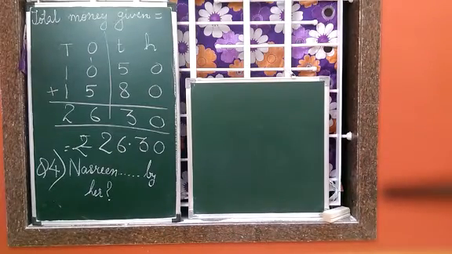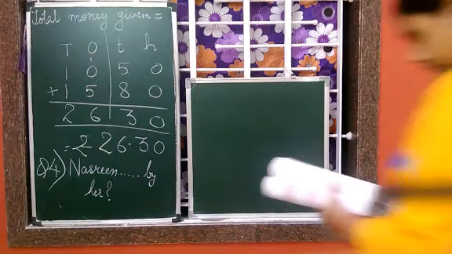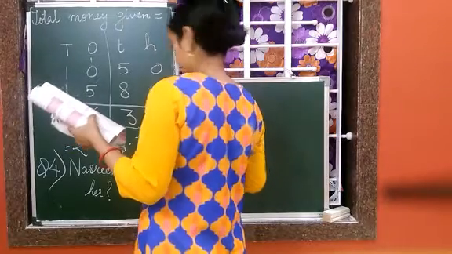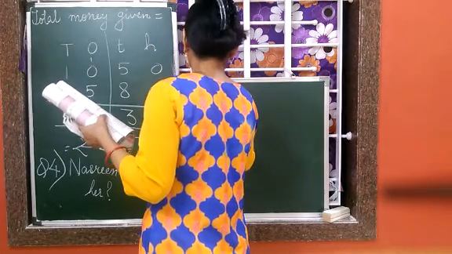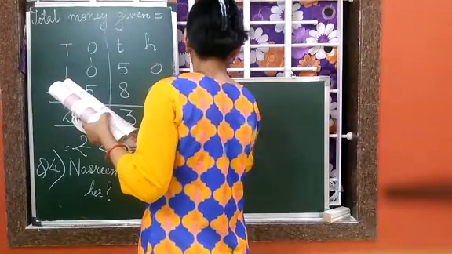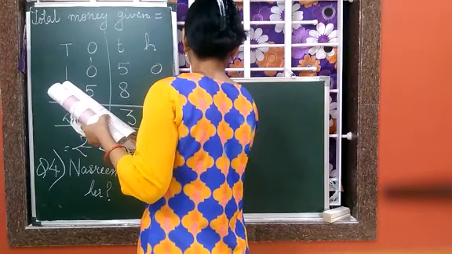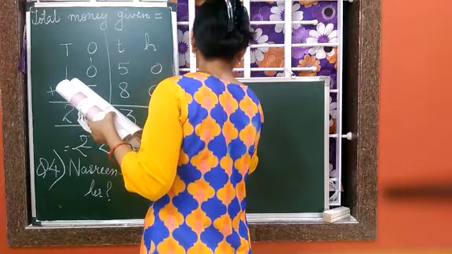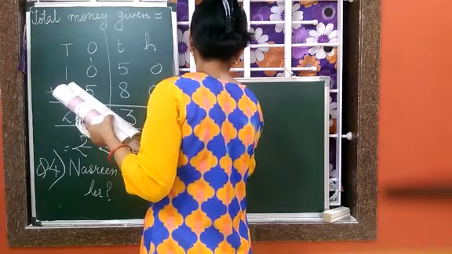For her shirt. Okay, so Nasreen is buying cloth for her shirt. Just a small example, children.